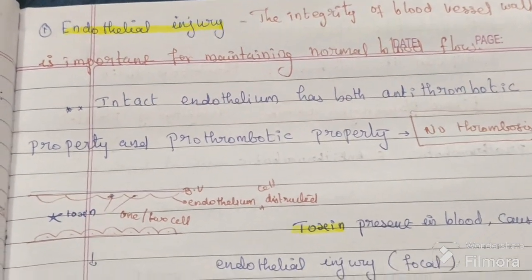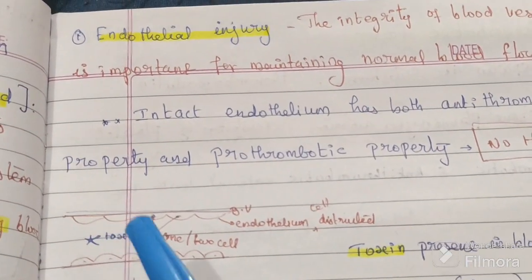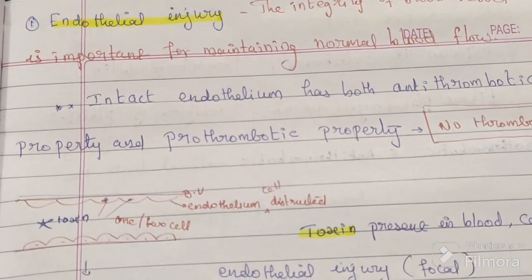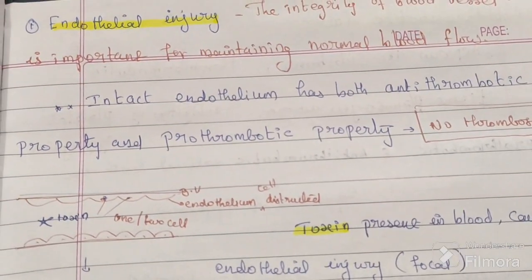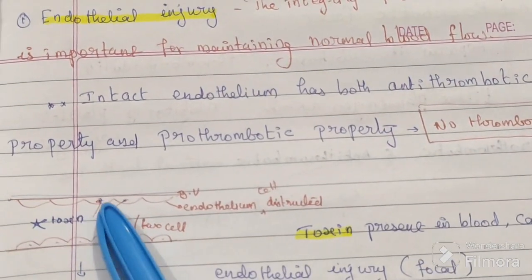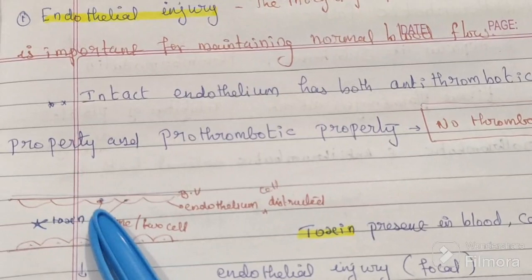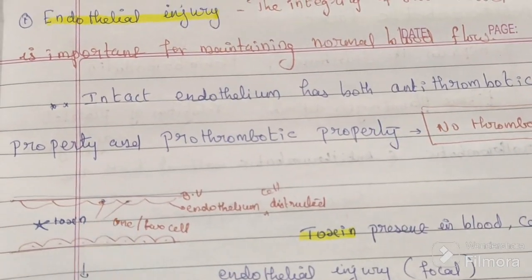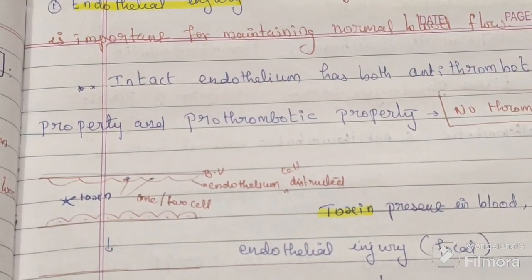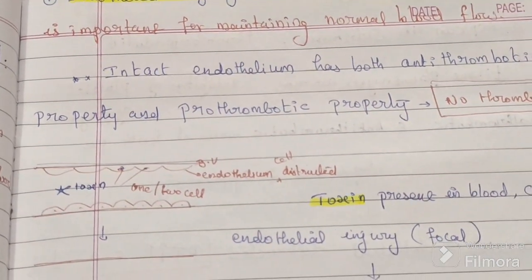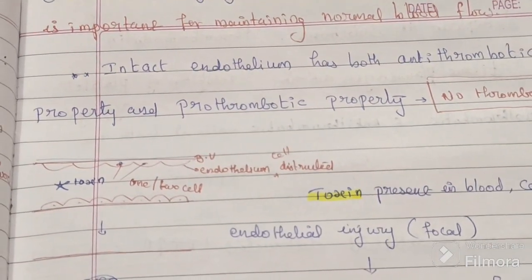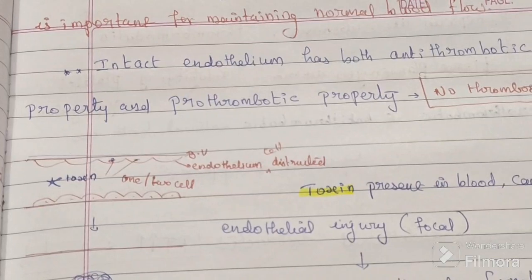But here, due to some toxin presented in the lumen of the blood vessels, the endothelium is destroyed. So it will affect the endothelium. A toxin presented in the blood causes endothelial injury, which is focal, affecting the integrity of the vessel wall, and that can cause thrombus formation.